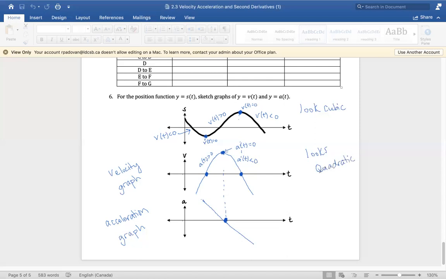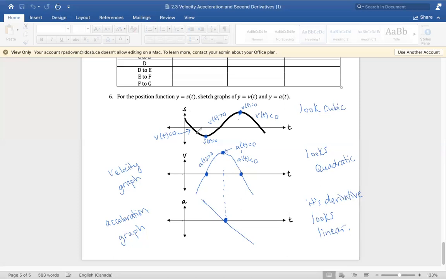And then taking the derivative of that, or taking the second derivative of the original, the derivative of velocity, or the second derivative of the cubic function, looks linear. So look at how that works.